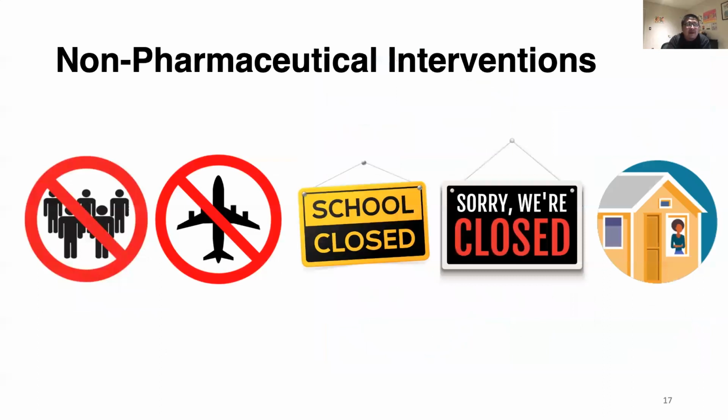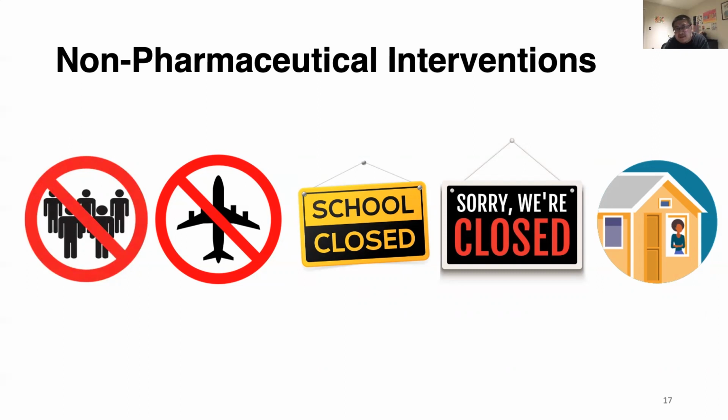And in addition to the prediction of the number of cases or the number of deaths, there has also been research trying to understand the impact of the non-pharmaceutical interventions, or NPIs. The NPIs such as the gathering ban, travel ban, school closure, business closure, and the stay at home are among the most effective ways of controlling the spreading of COVID-19.